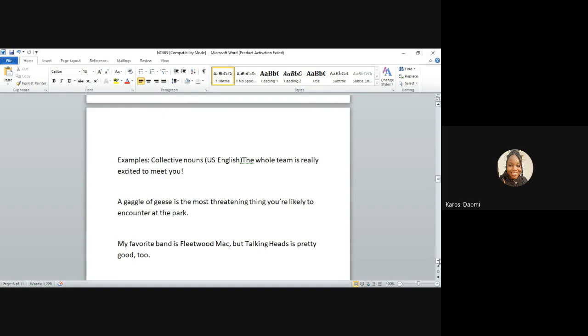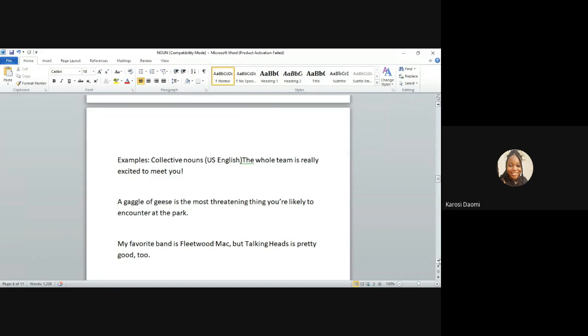So that's singular, is. If it was regarded as plural, it would have been: the whole team are really excited to meet you, but it still retains singular status. A gaggle of geese is the most threatening thing you're likely to encounter at the park. So is there also indicates that it's still singular.